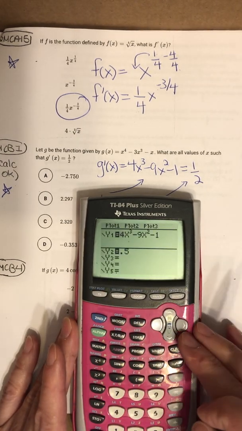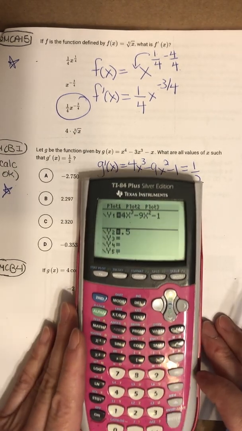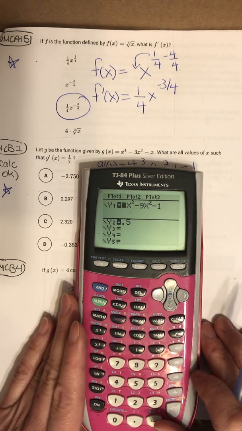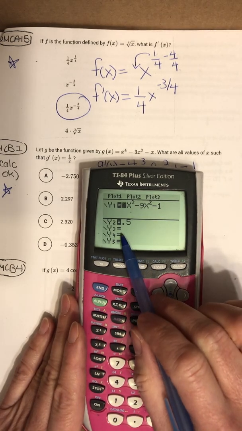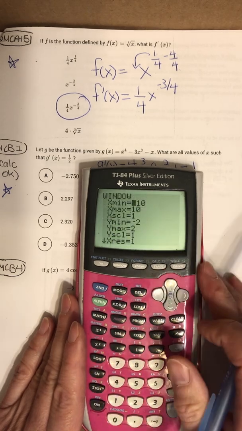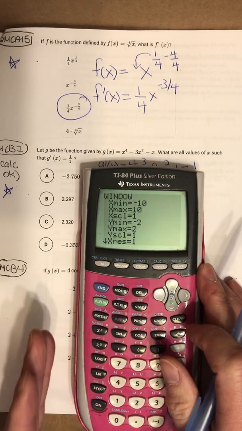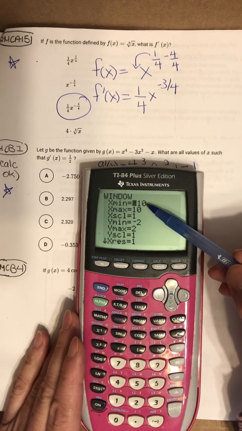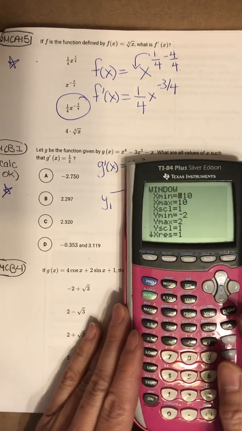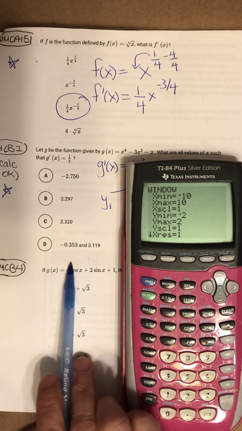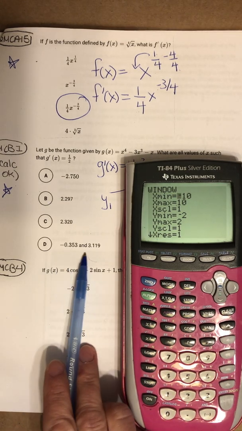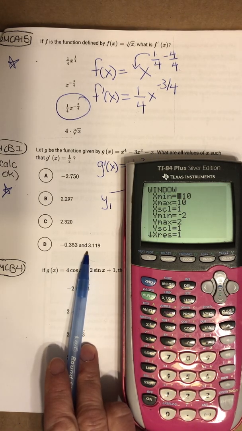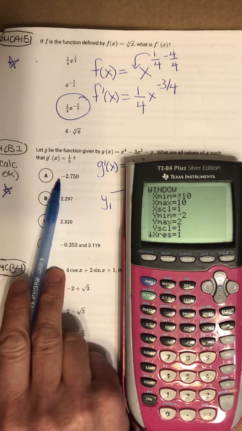Okay, on a y equals, oh look, it's right there. How about that? 4x cubed minus 9x squared minus 1, and I put in 0.5. Let's set the window. Because the y we're looking for is a 1/2, that's pretty small. I'm going to go from an x of, well, let's take a look at the x's we have. Geez, none are bigger than like 4, and none are less than a negative 3.